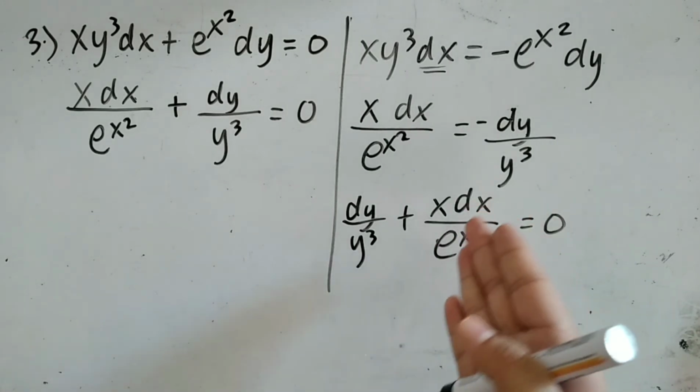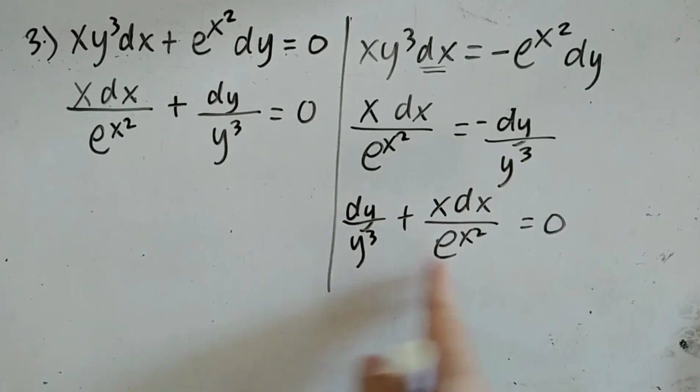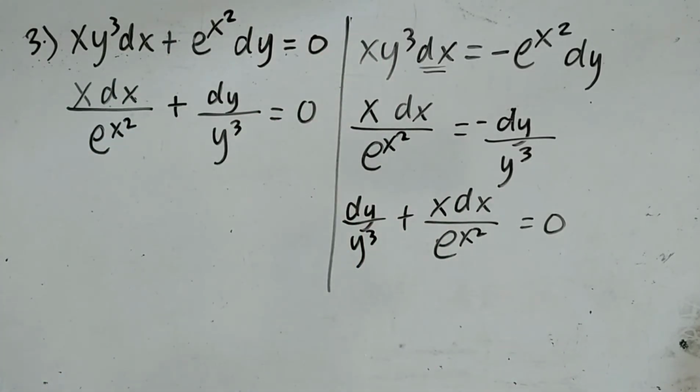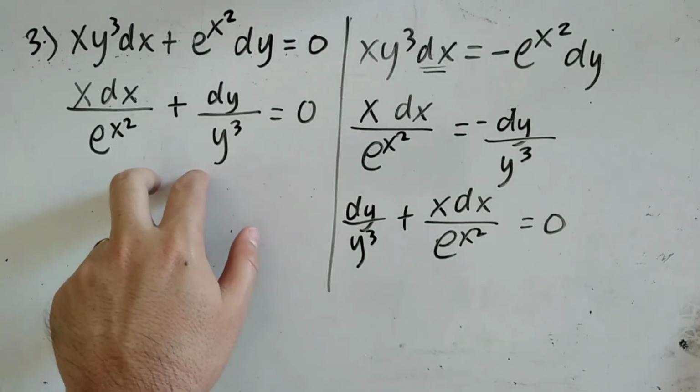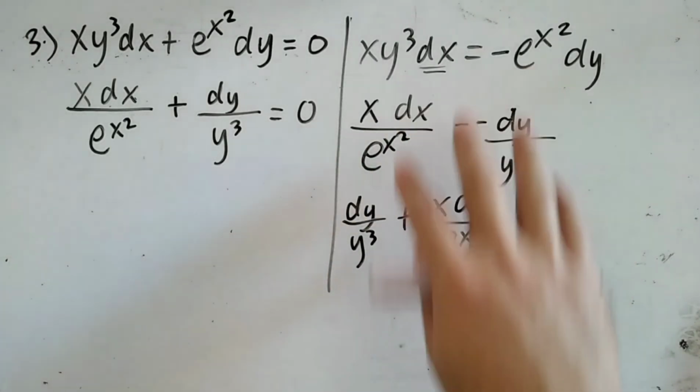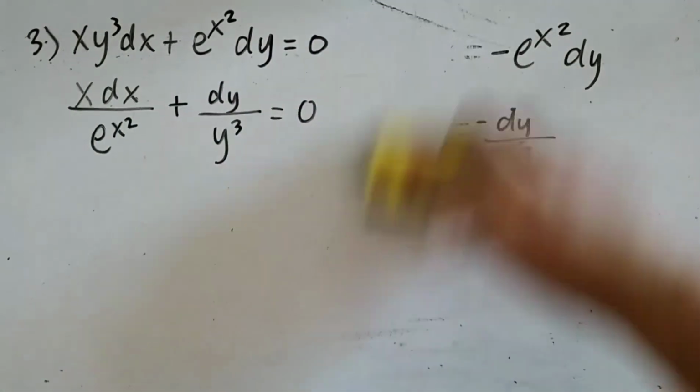But even without transposing it to the right side, you still get the same answer. So it depends whether you want to use this shortcut or go through the detailed process.